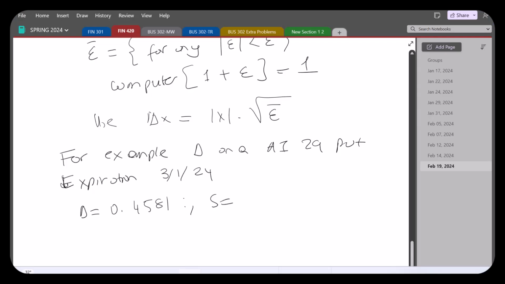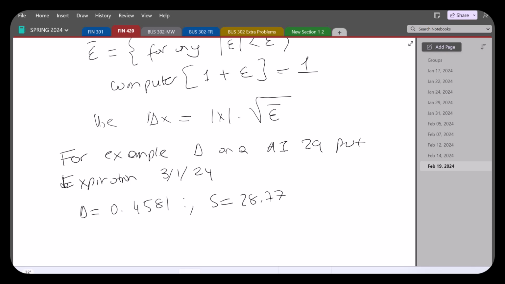We'll come to what that means. If I do the graph of the value of the put option against the stock price, it's actually going to be a downward sloping one, because as the underlying price goes up, the value of the put goes down.